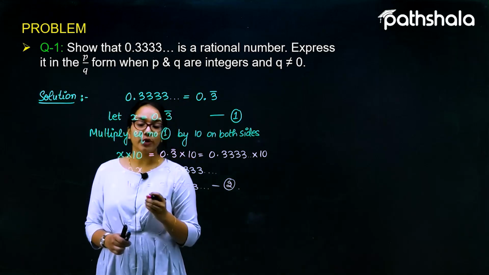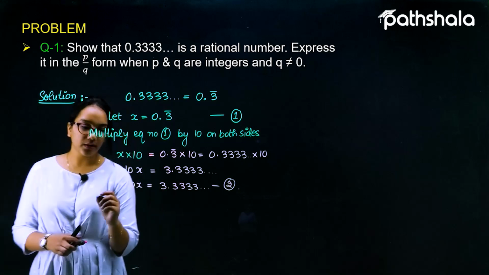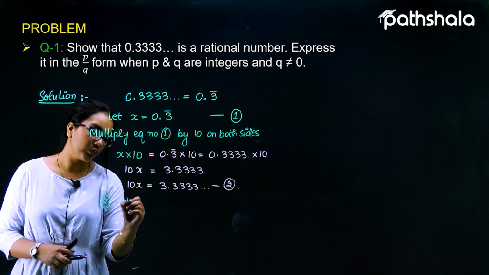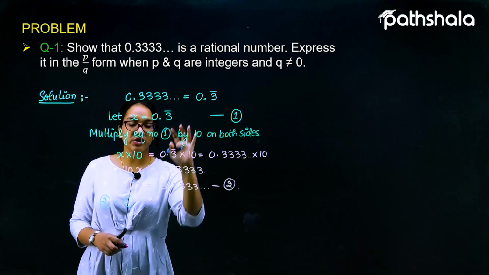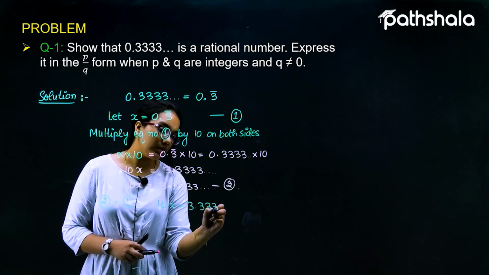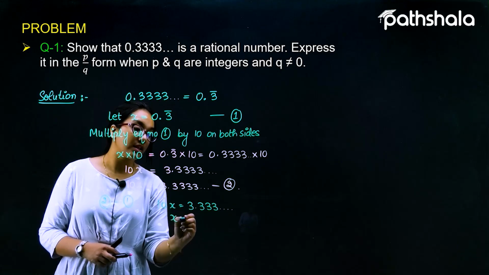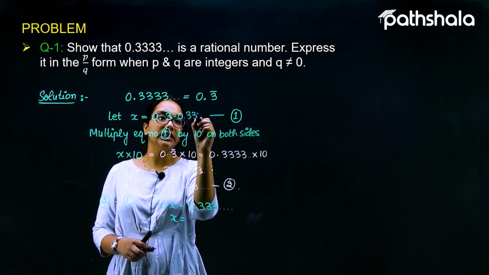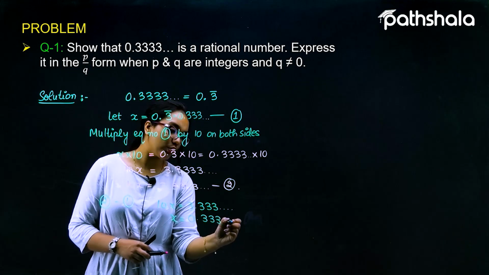Now we want to express the number in the form of p by q. So the next step is to subtract equation 1 from equation 2. We subtract the first equation from the second: 10x is equal to 3.3333 and so on, and the first equation was x is equal to 0.3 bar, which we can write as 0.3333 and so on.